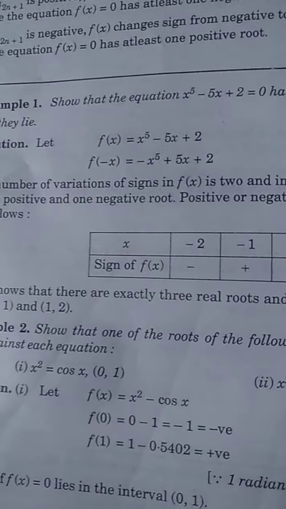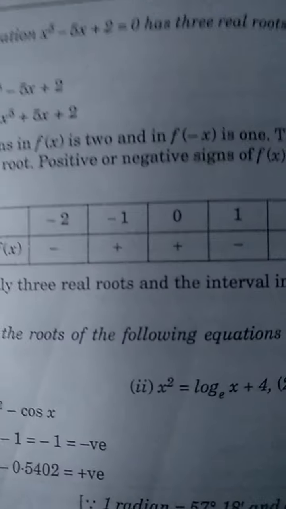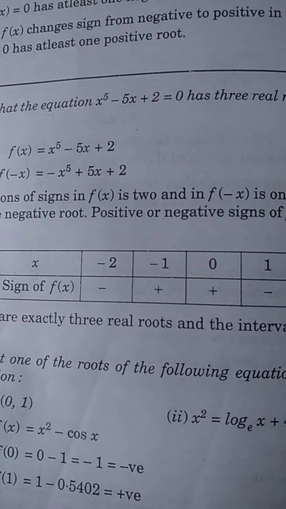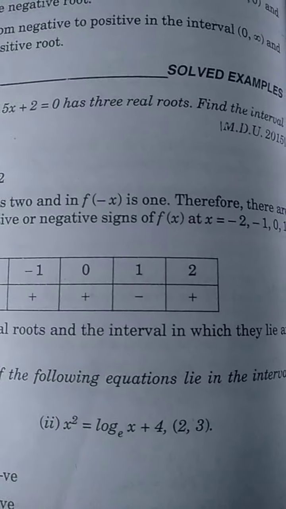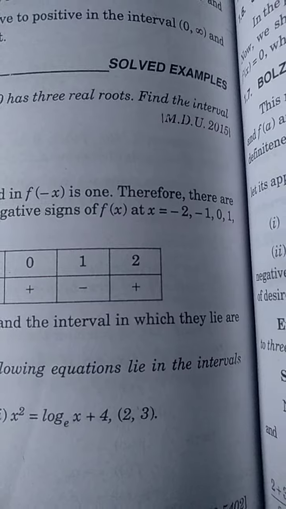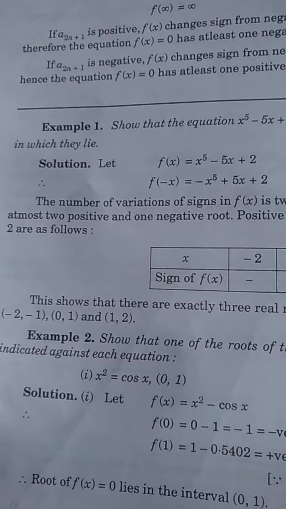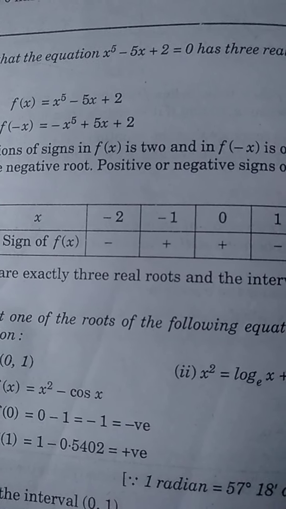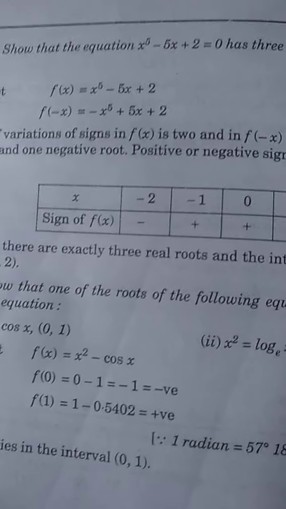Example 1: show that the equation x^5 - 5x + 2 = 0 has 3 real roots. Find the intervals in which they lie. Solution: let f(x) = x^5 - 5x + 2, which is given.